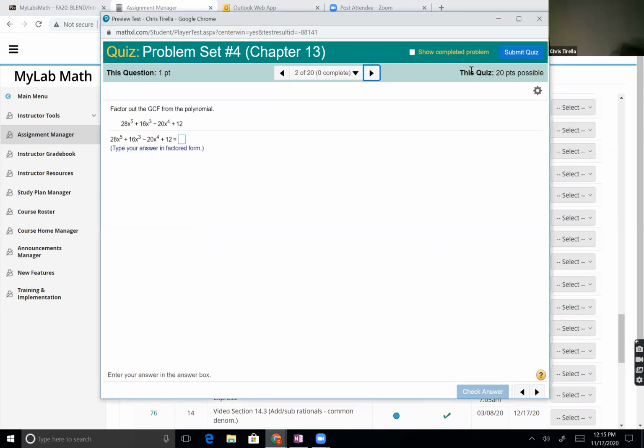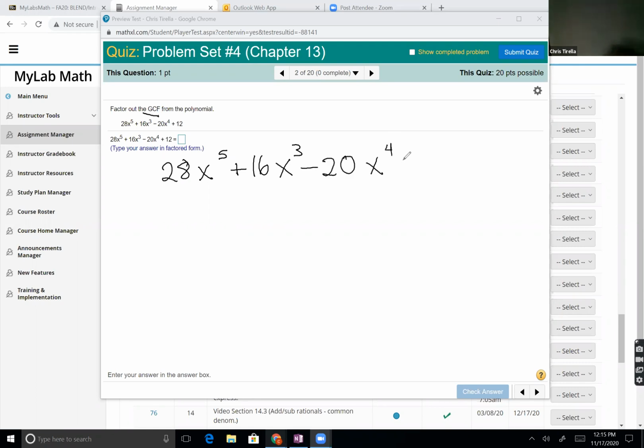asks you to factor the greatest common factor. And all we're looking for here is that common factor, nothing more. From 28x to the 5th, 16x to the 3rd, 20x to the 4th, and 12.